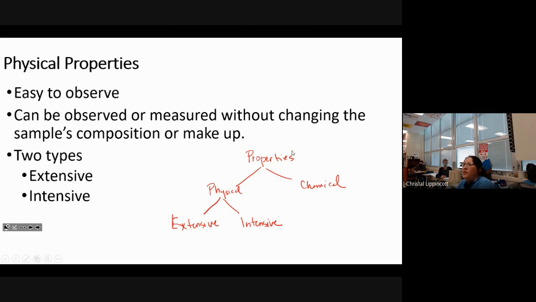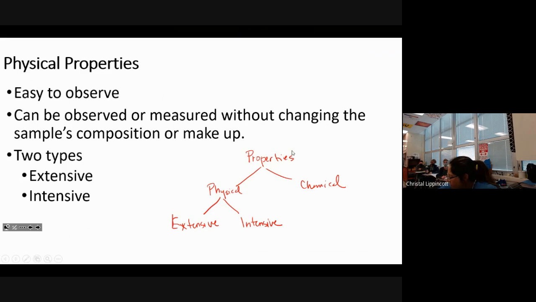Physical properties are very easy to observe. I can see that this stapler is blue, and I can see that this cell phone is a rectangle. You don't have to change what they are in order to do it.